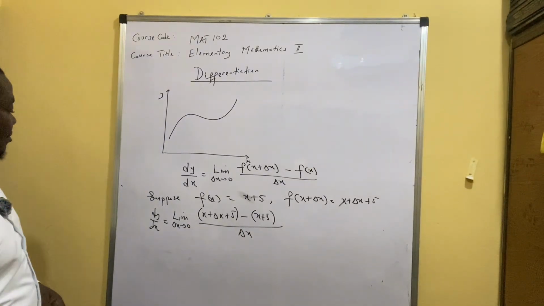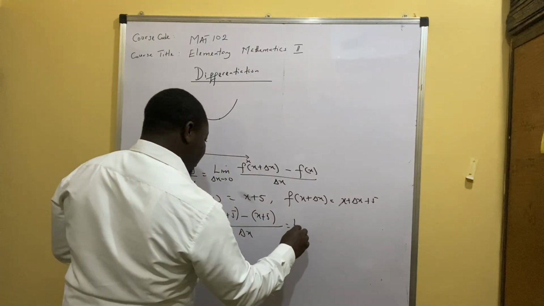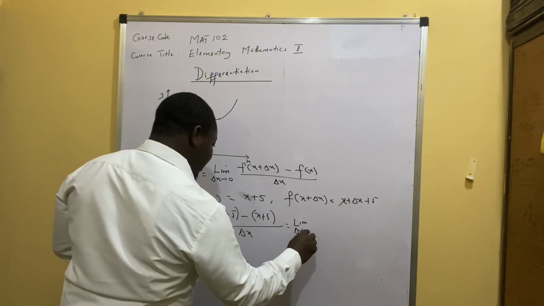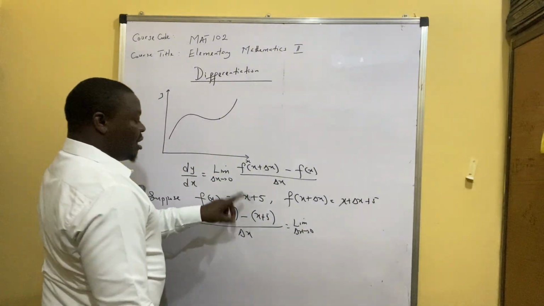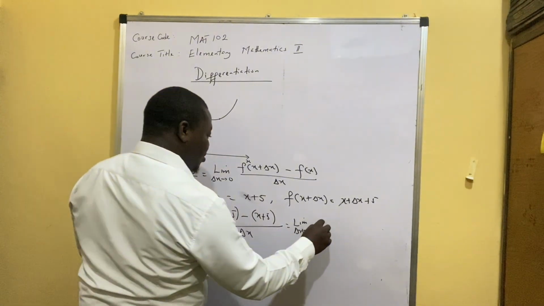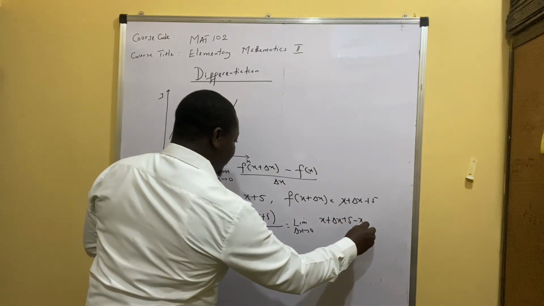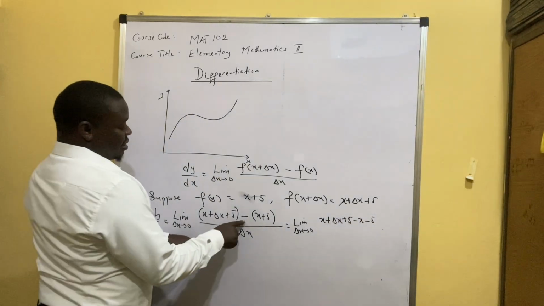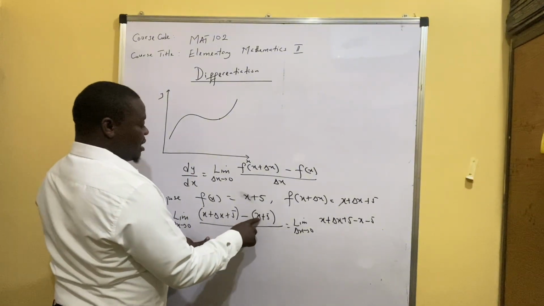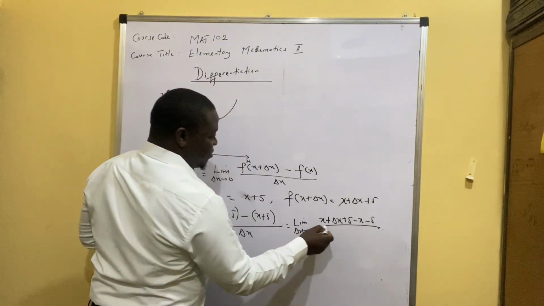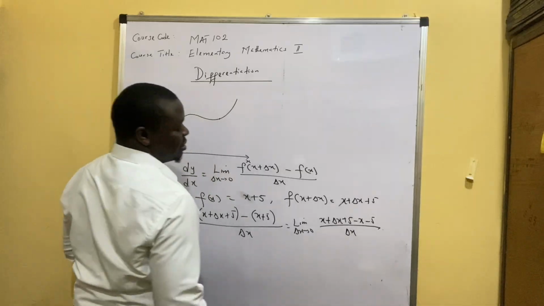So this is equal to the limit as change in x tends to 0 of, you can open the bracket now. If you open the bracket, you will observe that you have x plus change in x plus 5 minus x minus 5, divided by change in x.